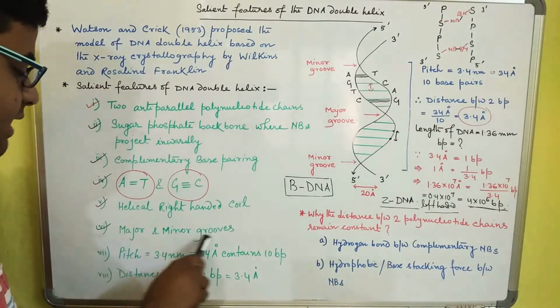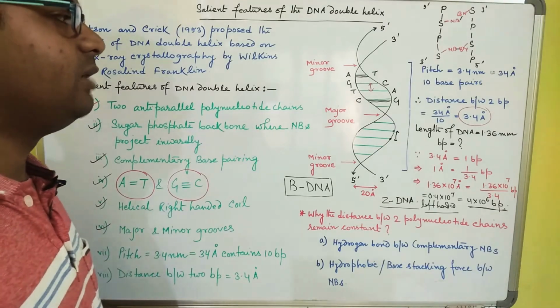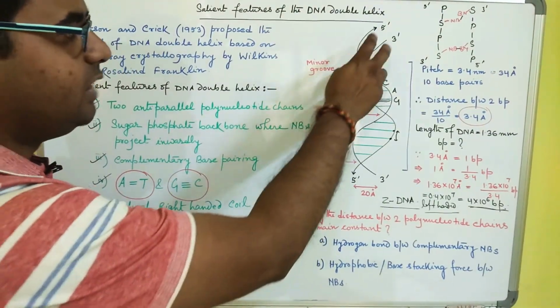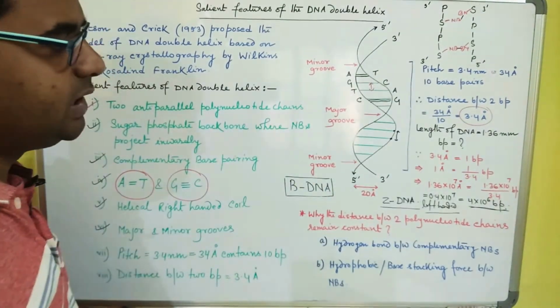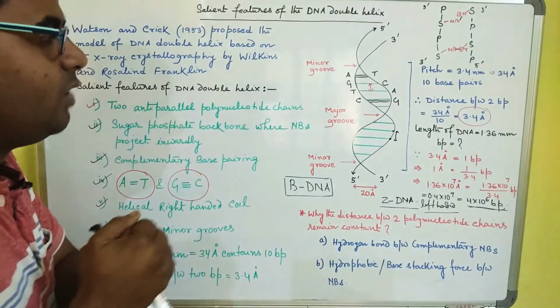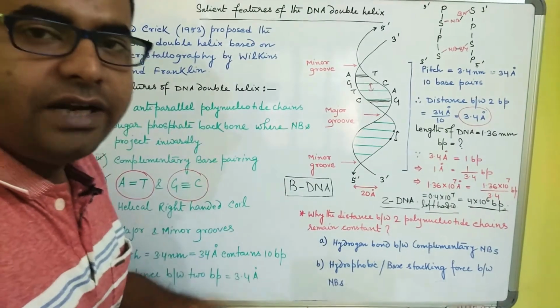Coming to the major and minor groove. So this is another important feature of a DNA double helix. It will have a major groove and minor groove. Due to this helical pattern or this twist of the two polynucleotide chains which form the DNA molecule, we will have minor groove and major groove in an alternate fashion.